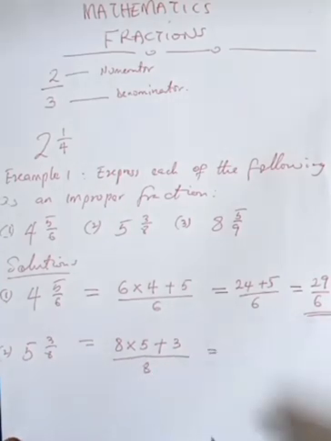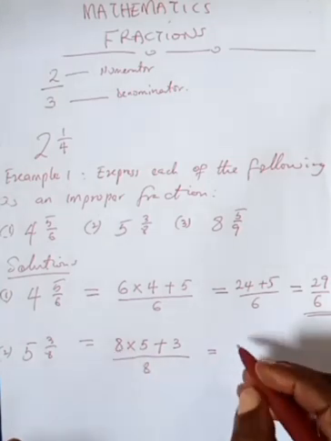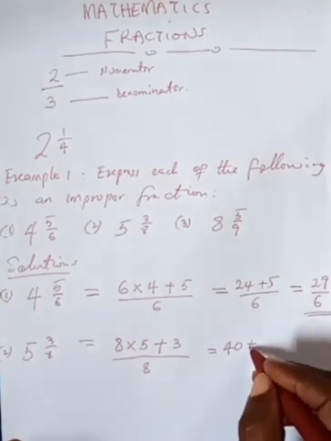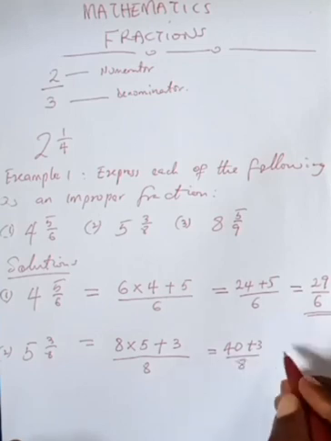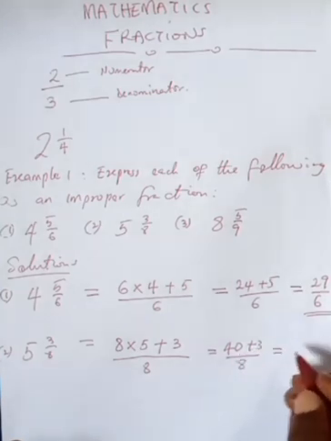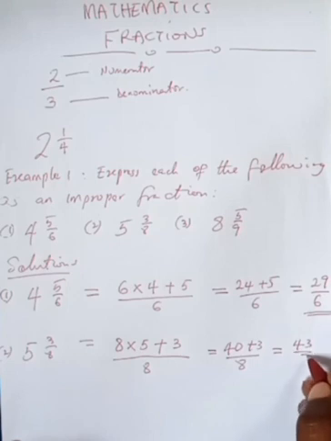So 8 times 5 here is 40, plus 3, everything over 8. And the result of adding 3 to 40 gives 43 over 8.